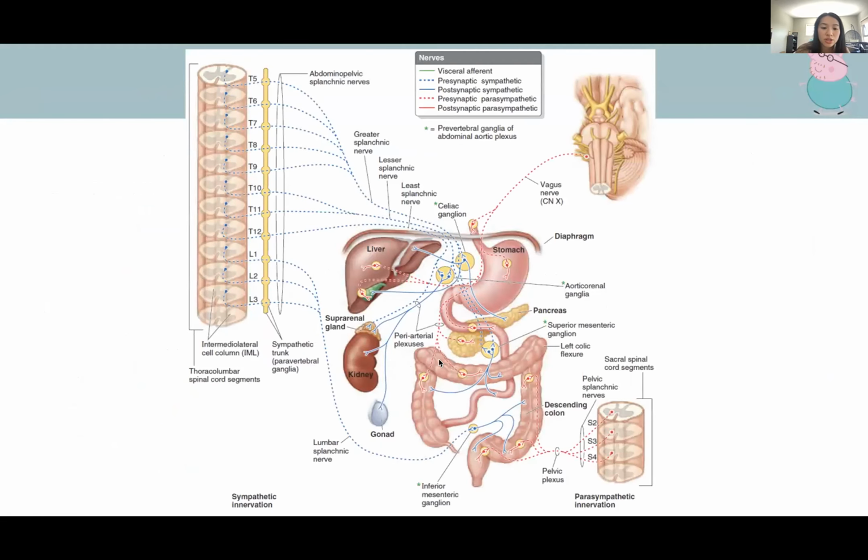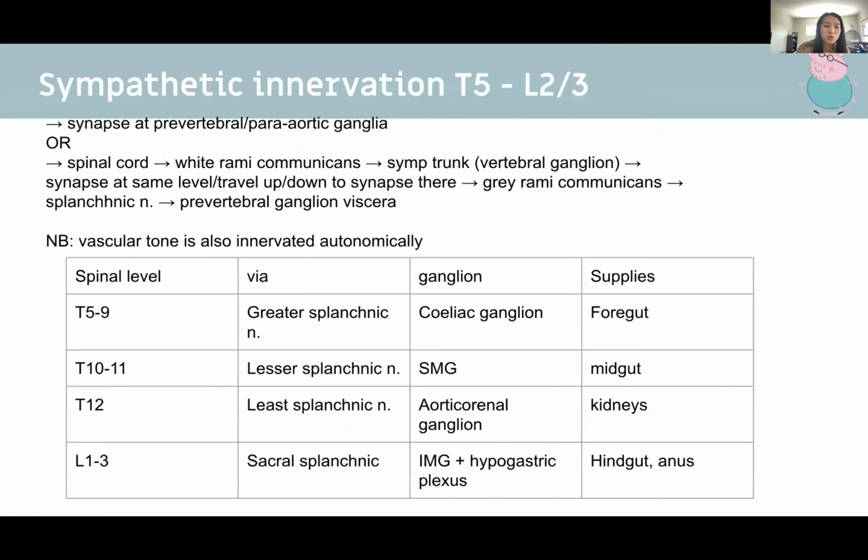Autonomic innervation. It's kind of important, but what's more important is that you understand this process. Okay, so this is the most high yield part. The sympathetic innervation basically goes and either synapses with the prevertebral or para-aortic ganglia, or it will go from the spinal cord into the white rami communicans, and then to the sympathetic trunk.